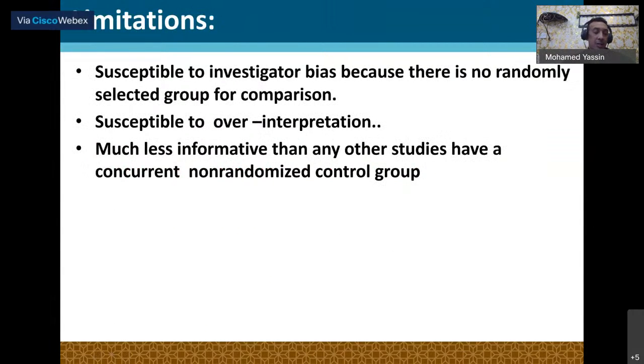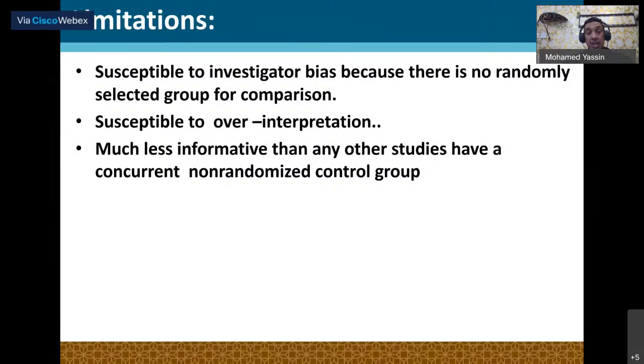So what are the limitations of these uncontrolled trials? As I said, there is a necessity to do them in certain situations, but we have to be aware that there are some limitations. I mentioned three of them. Number one, it's susceptible to investigator bias because there are no randomly selected groups for comparison.